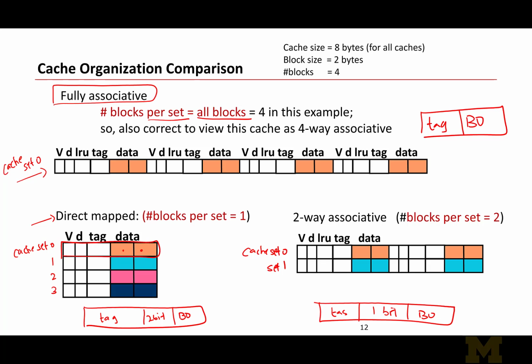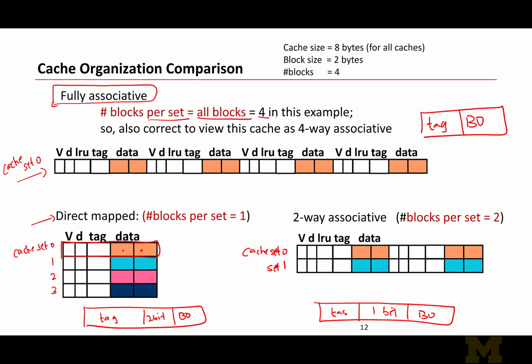Okay, so all of these ideas are consistent with each other, as you can see. I mean, one way to think about a fully associative cache is, oh, I had 4 blocks in the set, so I could even say this is a 4-way set associative cache. I had only 4 cache lines, and therefore I could have only 1 cache set, but that's another way to think about it, right?